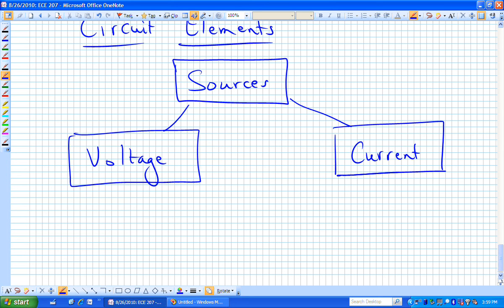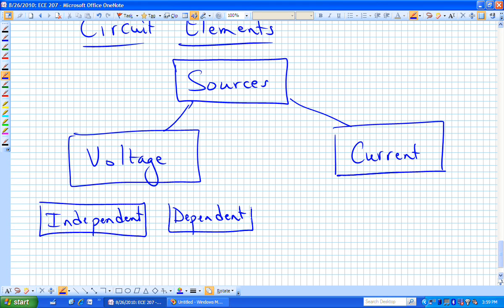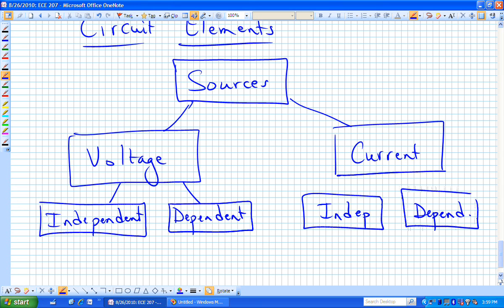sources in the same circuit, now we could have an independent voltage source, or we could have a dependent voltage source. And we could have the same breakdown in the currents.